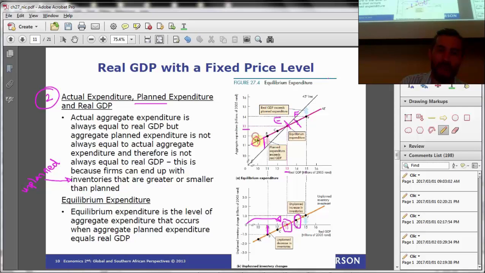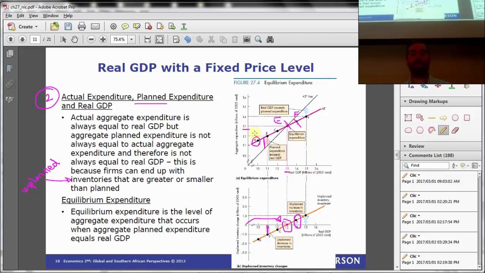At point A, the amount of expenditure exceeds the level of output. At point F, the level of expenditure, approximately 14, is less than the amount of output, which is approximately 15.